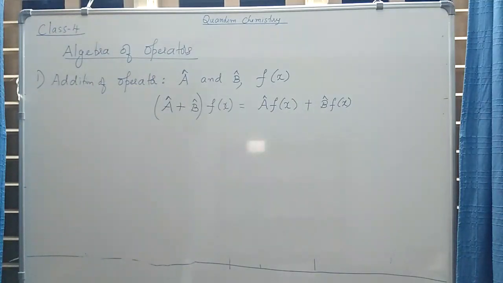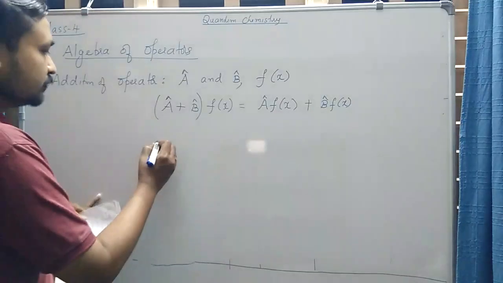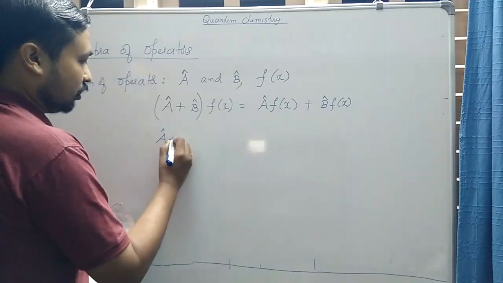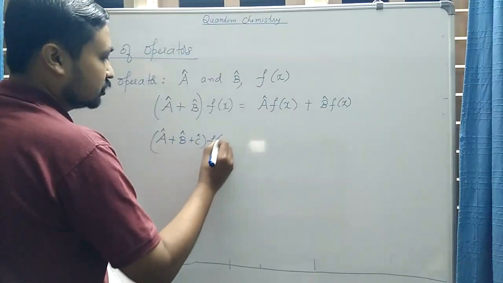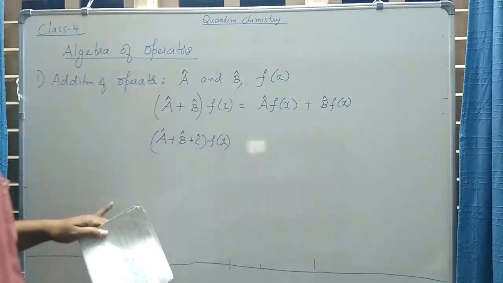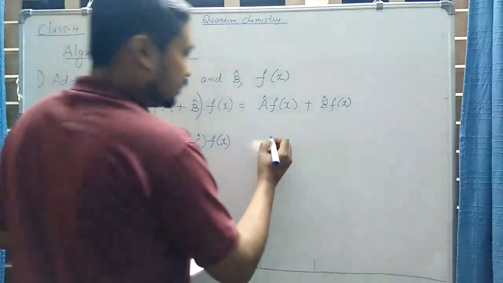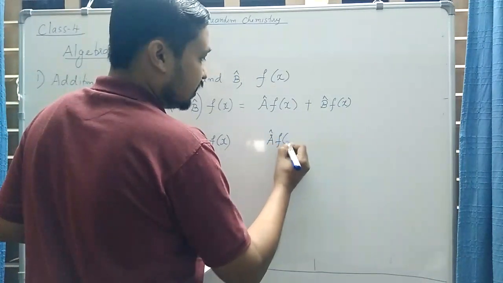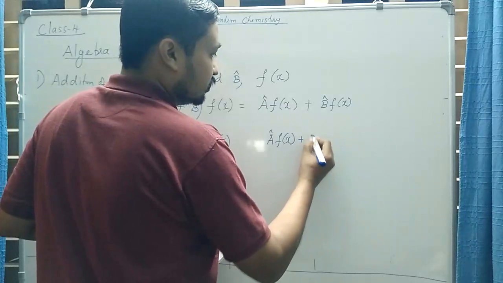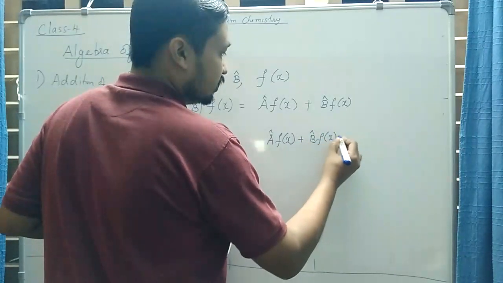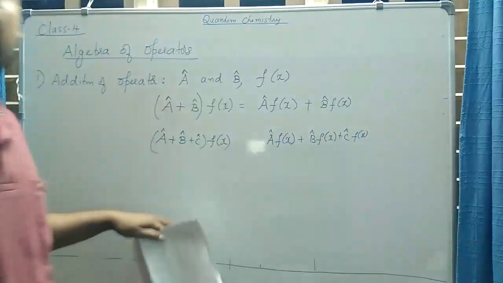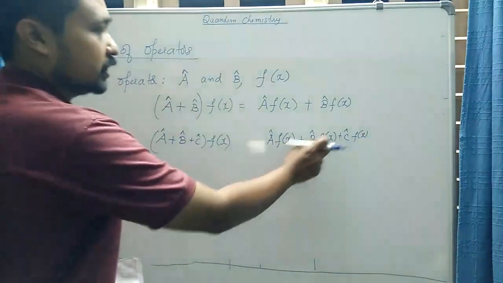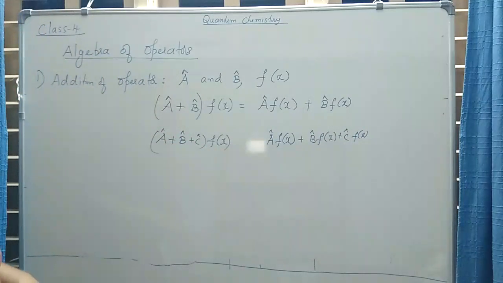Suppose I have three operators, then how will you write this addition rule? First I will add the three operators and then apply them on a function, and on the other hand I will apply the individual operators on the function first and then add them.